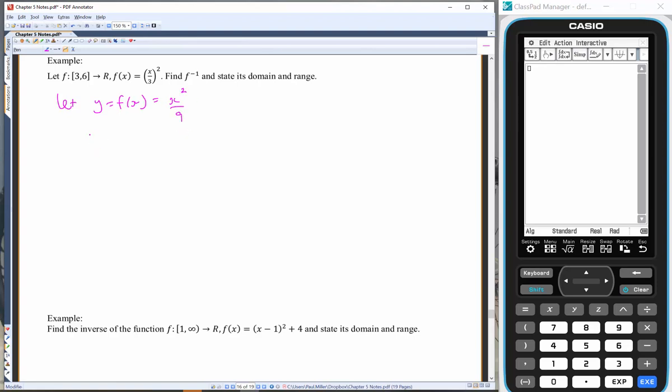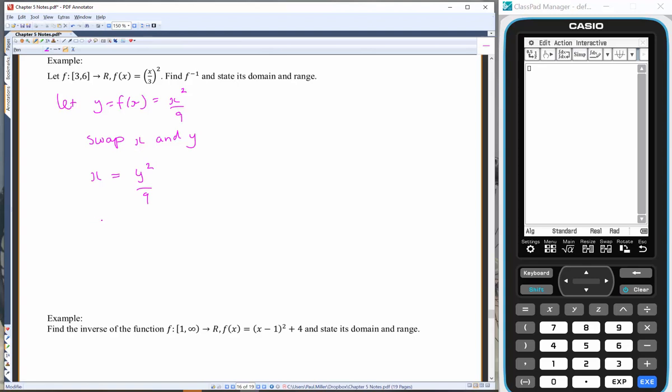And for the inverse, we need to include this line, swap x and y. We can't just swap them over, we need to explain what we're doing. So swap x and y, that means that y is going to become x and x is going to become y squared over 9.